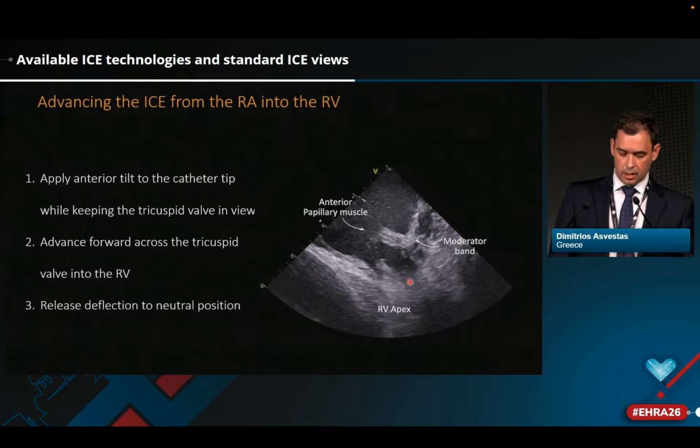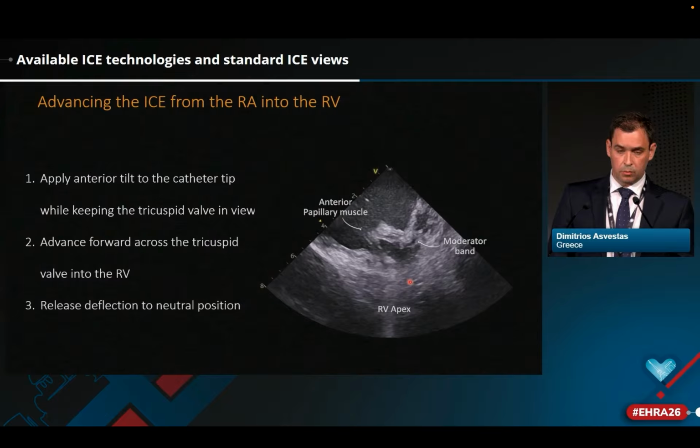And from this view, we can see RV structures like the anterior papillary muscle and moderator band.